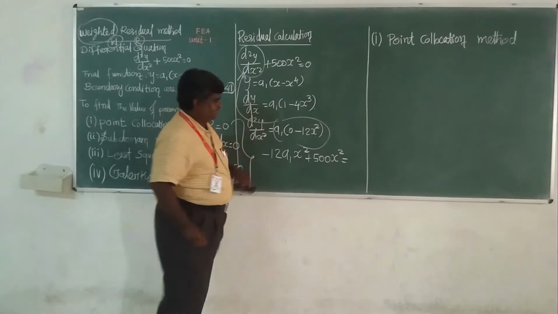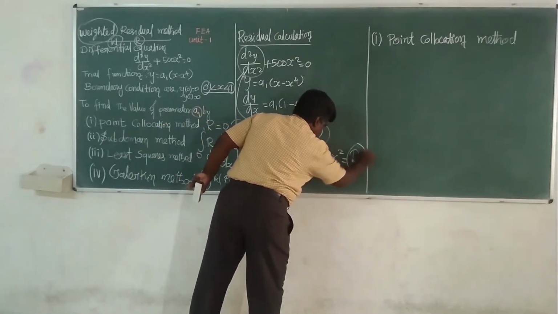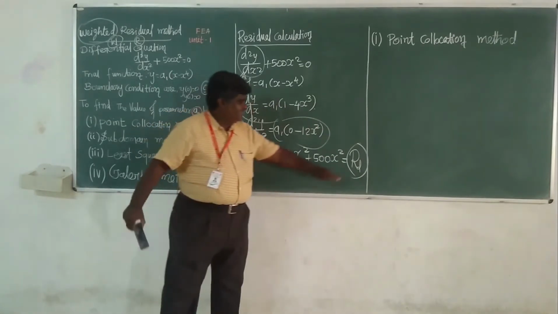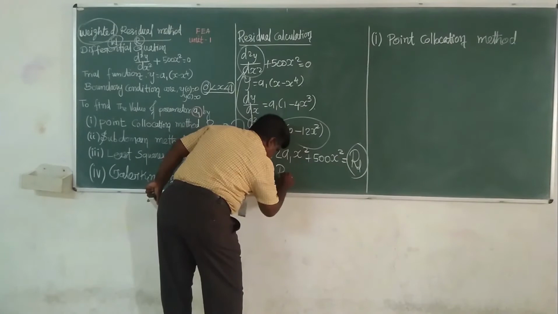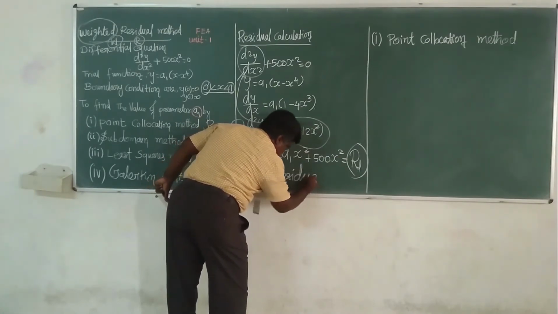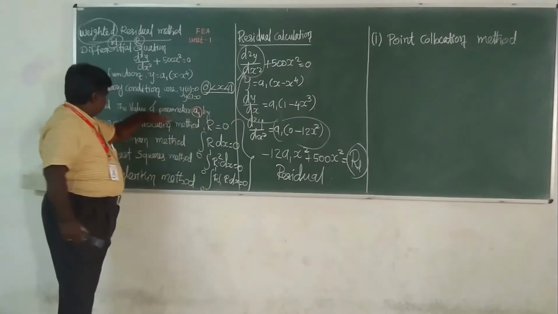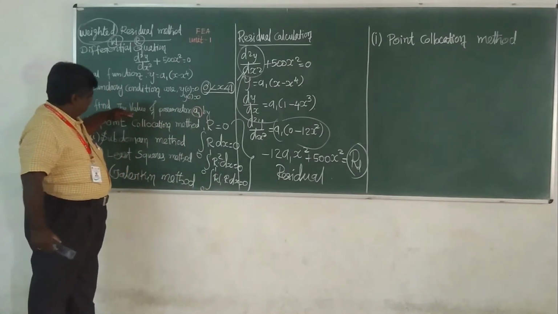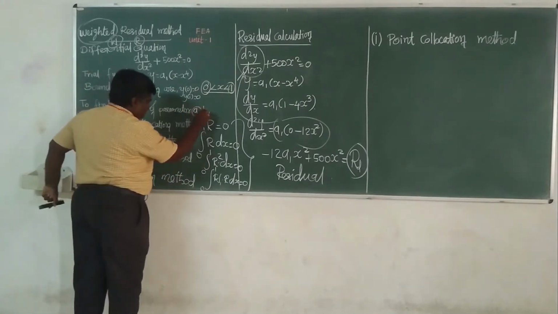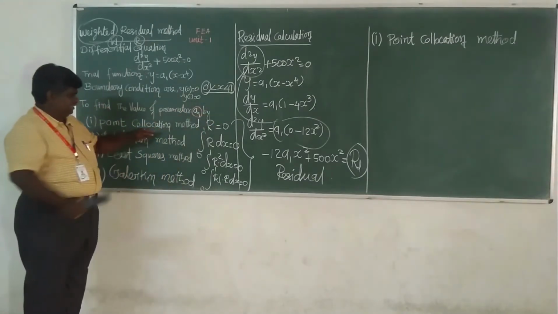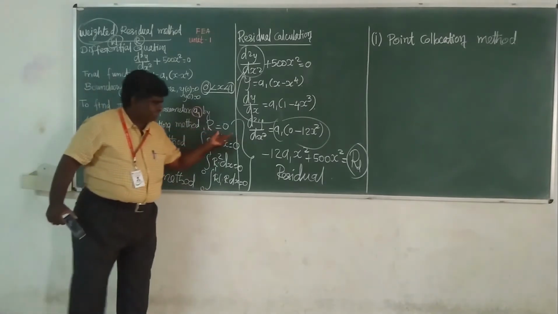This is called the residual, which we label as R_d. Now we determine the value of the parameter a1 using the point collocation method, which requires the residual equal to 0.